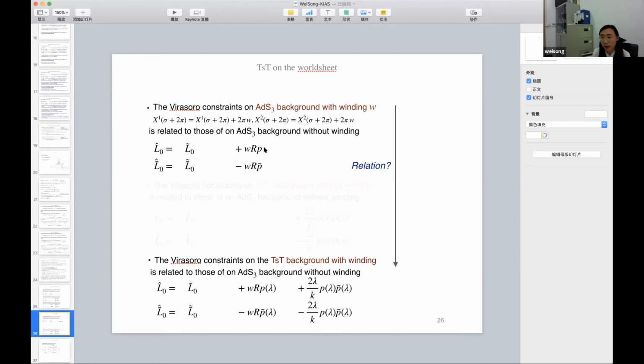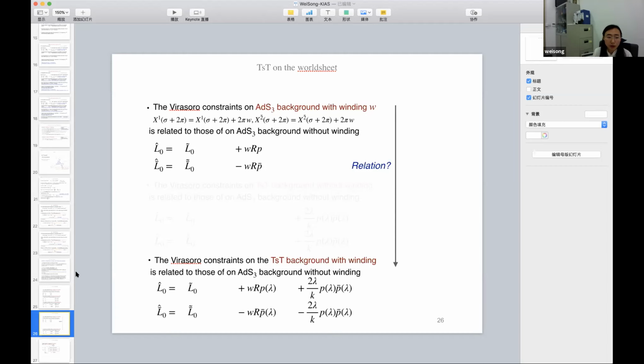Here we denoted them by P and P bar. So we want to have a relation between the winding strings on AdS3 and the winding strings on the new background.